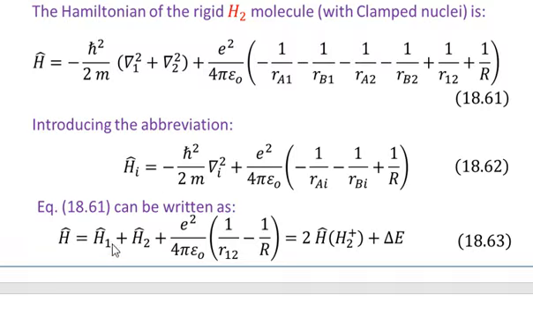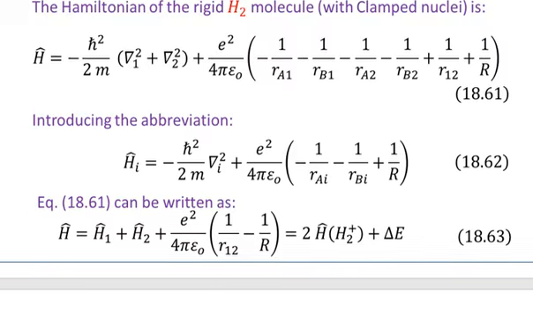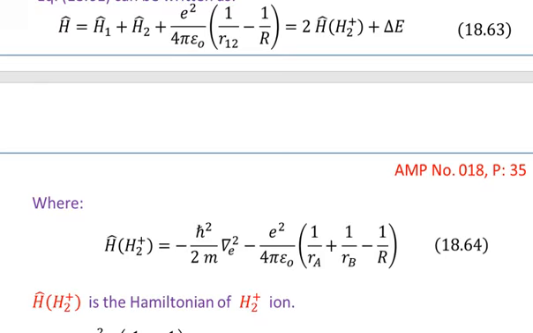So I can combine the H_1 and H_2 Hamiltonian operators as twice the Hamiltonian operator of the singly ionized hydrogen molecule, plus delta E, which is an energy term. Delta E is the energy term defined by e squared over 4 pi epsilon naught, and the parentheses contain 1 over R_12 minus 1 over capital R. Okay, and you see that the Hamiltonian of the singly ionized hydrogen molecule has been defined previously, and I have reproduced it here.